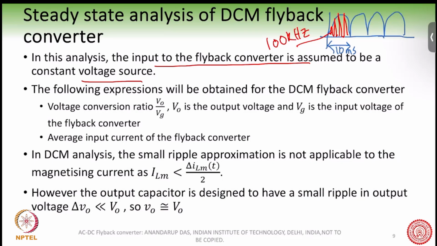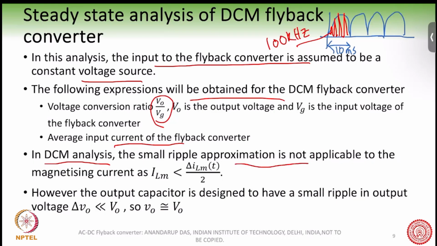The following expressions will be obtained, like V0 by Vg, the output by input voltage, and the average input current of the flyback converter. We will analyze the whole thing at the switching cycle, remembering also how the overall 100 hertz component is coming.